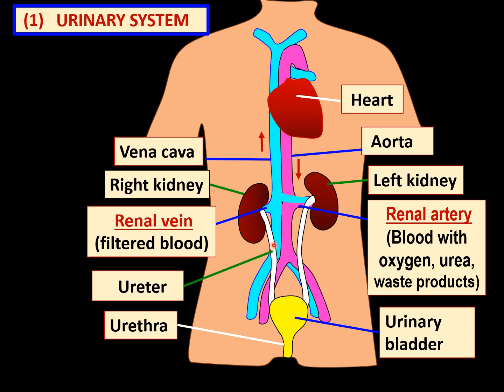Okay, now what about the other parts of the urinary system? So after the urine is formed in the kidney, it is carried by the ureter.